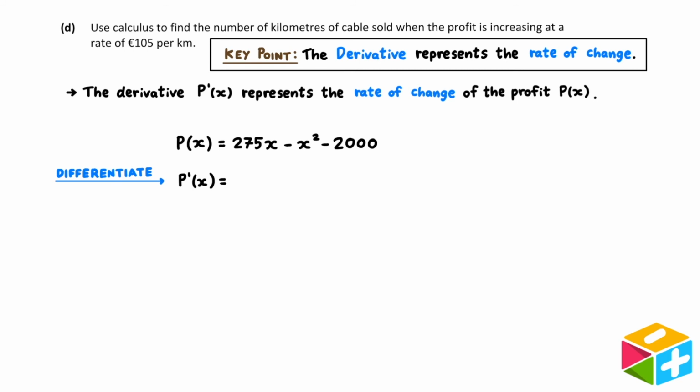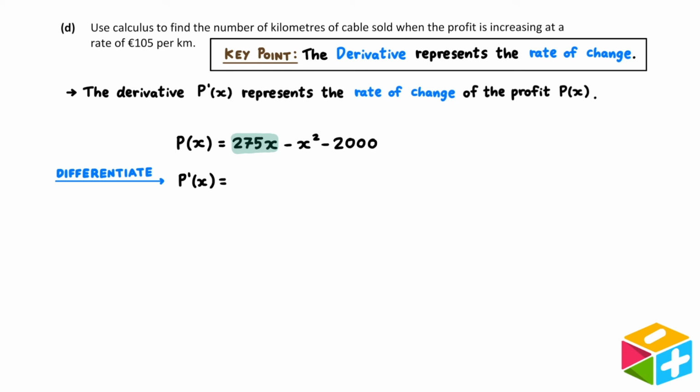So the first step is to differentiate our profit function P of x is equal to 275x minus x squared minus 2000. When it comes to differentiation, if we're adding or subtracting terms, then each term should be differentiated individually.